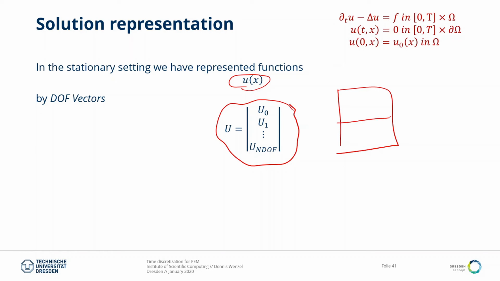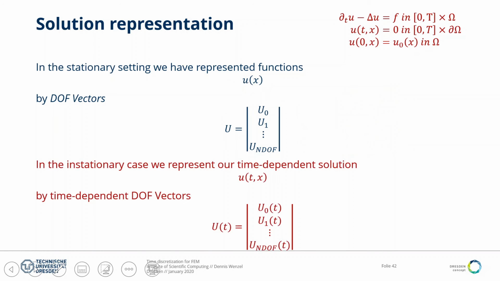For example, if you have a grid, then this DOF vector was just containing one value for each point of the grid and representing the values of the function at this particular point, in the sense approximating your actual function.